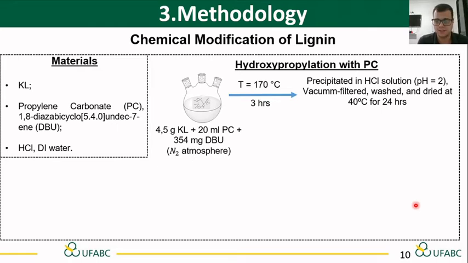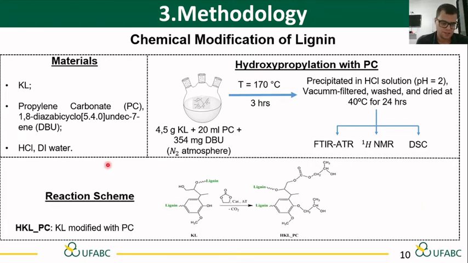After 3 hours, the product was precipitated in hydrochloric acid solution, vacuum filtered, washed and dried at 40 degrees for 24 hours. The resulting modified lignin, called HKL-PC, was characterized by FTIR, proton nuclear magnetic resonance, and DSC. A simple reaction scheme is shown here.